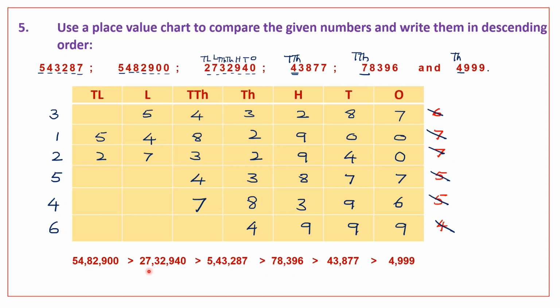Next one is 27 lakh 32,940. 5 lakh 43,287. 78,396. 43,877. Then the last one 4,999. So we have answered the question. We have compared the numbers and put them in descending order.